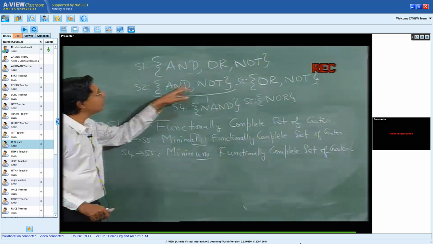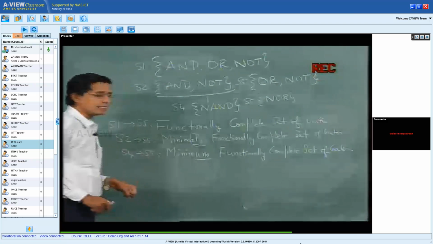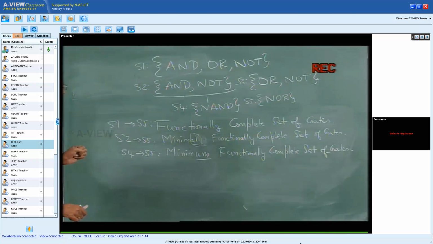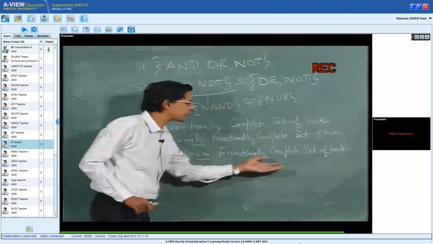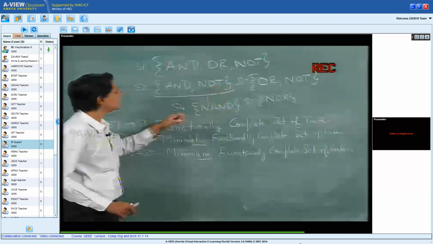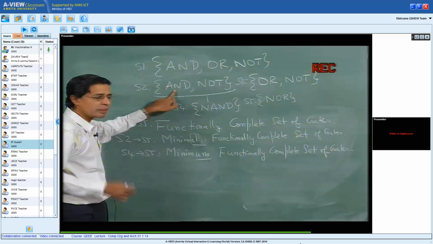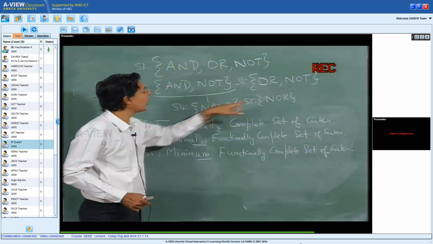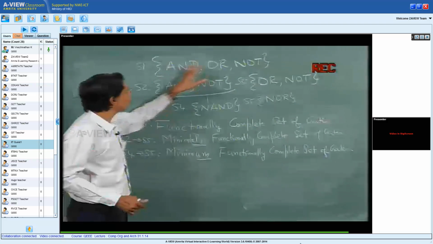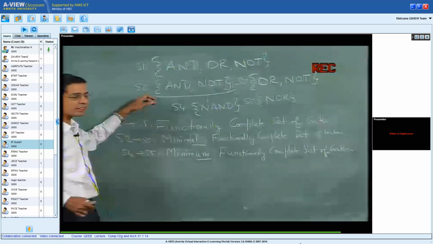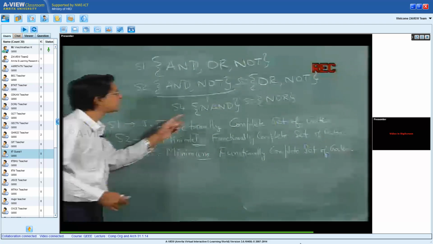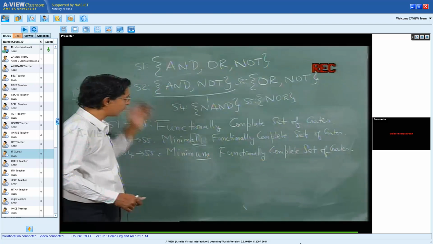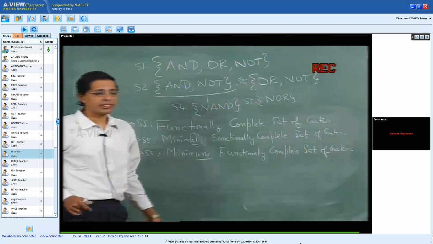Of all the minimal functionally complete sets, the sets with the least cardinality are called minimum functionally complete sets of gates. So out of these 4 sets, this has cardinality 2 because it has 2 elements, this has cardinality 2, this has cardinality 1 and this has cardinality 1. Out of the 4 minimal functionally complete sets of gates, I have 2 of them which have the least cardinality, namely S4 and S5, and they are called minimum functionally complete sets of gates, right.